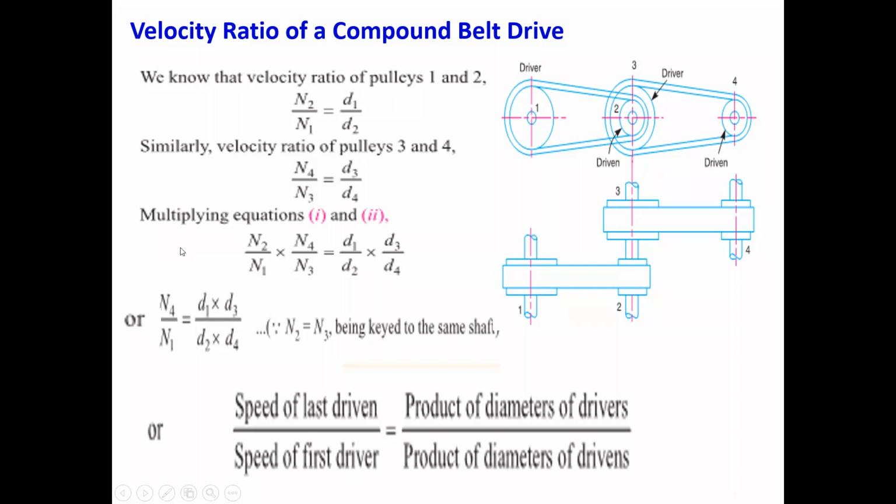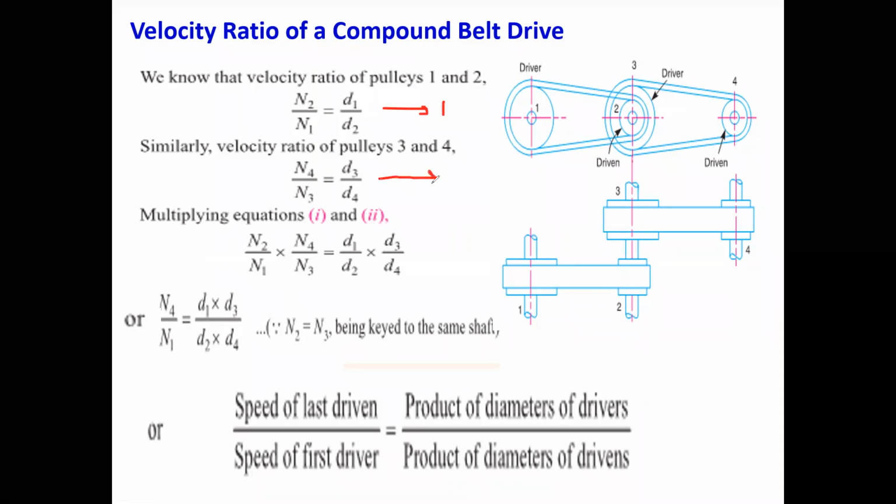Now to find the ratio from the first to the fourth pulley, we multiply equations 1 and 2. Equation 1 is n2 by n1 equals d1 by d2, and equation 2 is n4 by n3 equals d3 by d4. Multiplying, n2 by n1 into n4 by n3 equals d1 by d2 into d3 by d4.